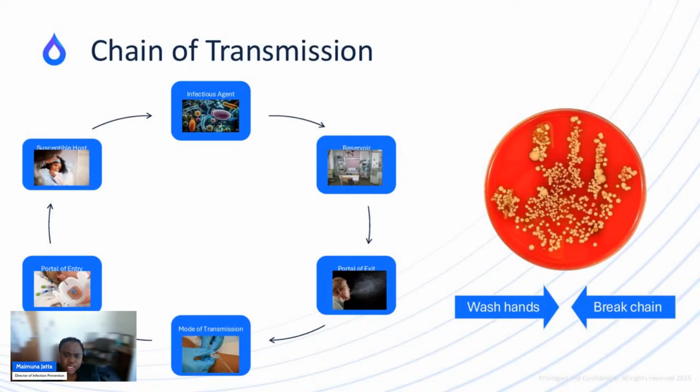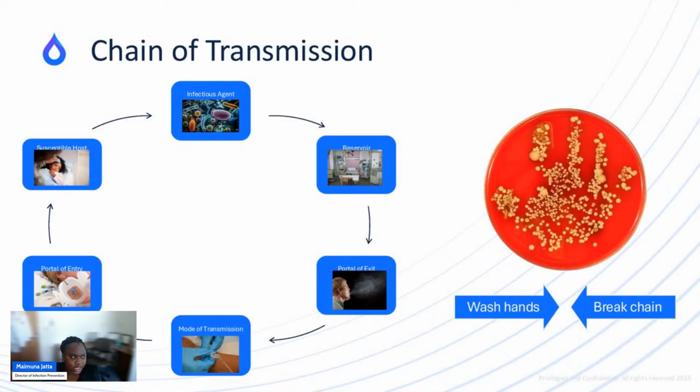To begin with, I think it's important to start where it all begins, the chain of transmission. Every HAI traces back to a predictable pathway, the chain of transmission. If we can name each link, then we can break it. That's the whole purpose.